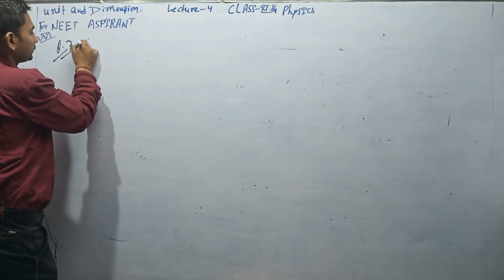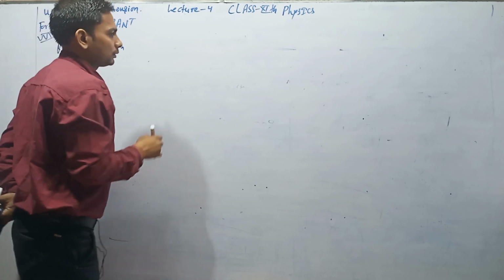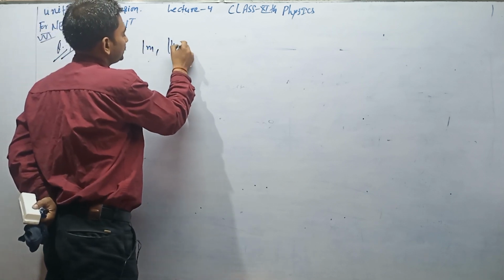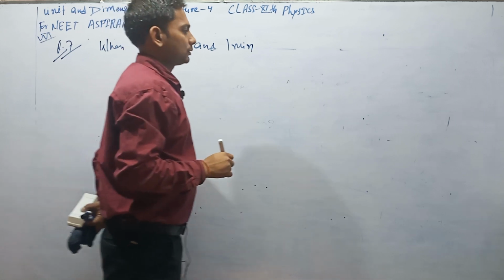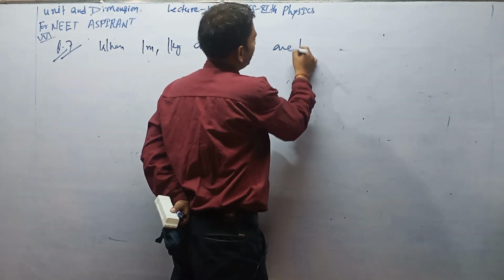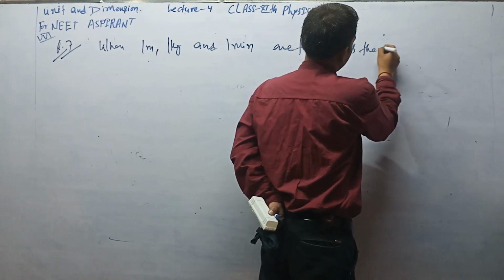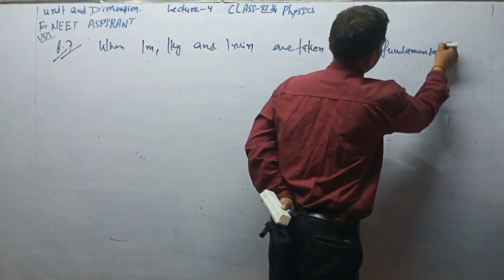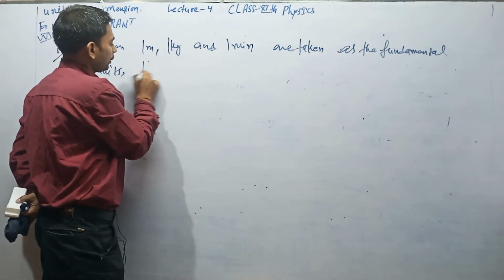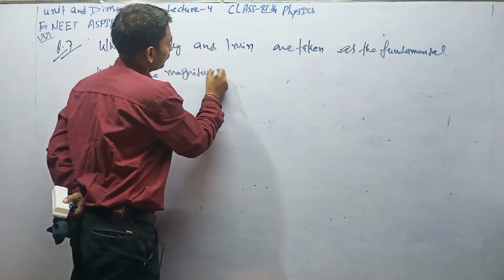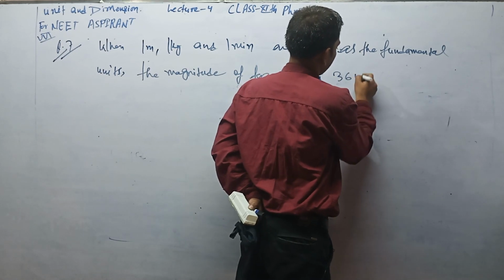Question number 7. When 1 meter, 1 kg and 1 minute are taken as the fundamental units, the magnitude of force is 36 units.